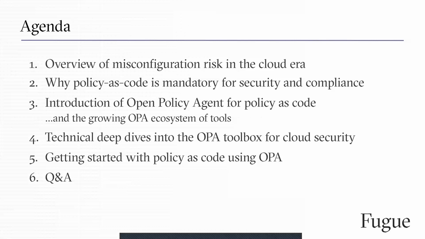We're not going to get into a tutorial on writing Rego rules. Rego is OPA's language, but we are going to get into a relatively deep dive on how you can use this. There are some pretty good tutorials out there for learning the language itself. It's pretty easy to get started. And then we're going to talk about getting started with policy as code using OPA. And of course, all of your hopefully fine and challenging questions we will get to in the end.